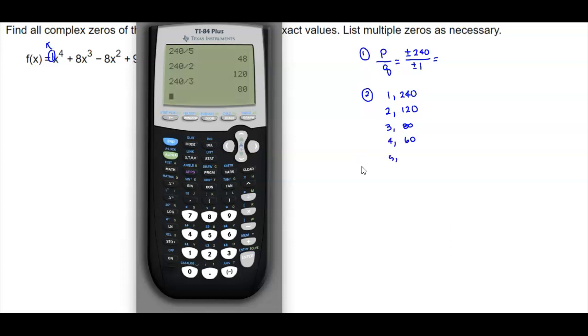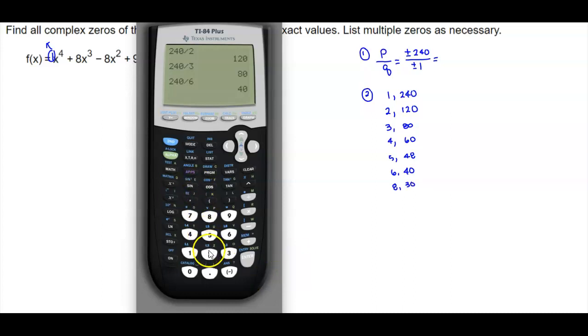And then 5 goes in 48 times. Then what about 6? 240 divided by 6 gives us 40. So 6 and then 40. And then what about 8? 8 goes in there 30 times.